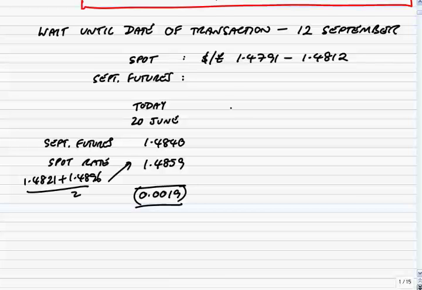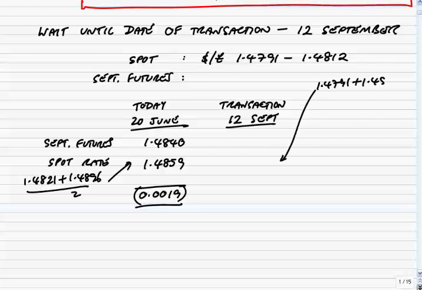I want to estimate the futures price on the date of the transaction, which is the 12th of September. We know the spot rate, so again I'll use the mid-market, 1.4791, 1.4812. The mid-market is 1.4802.